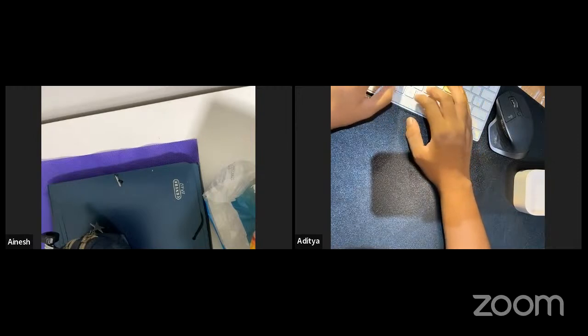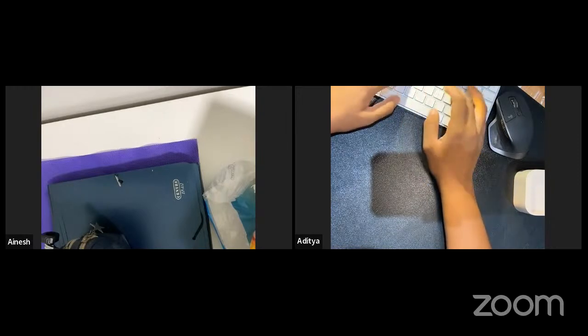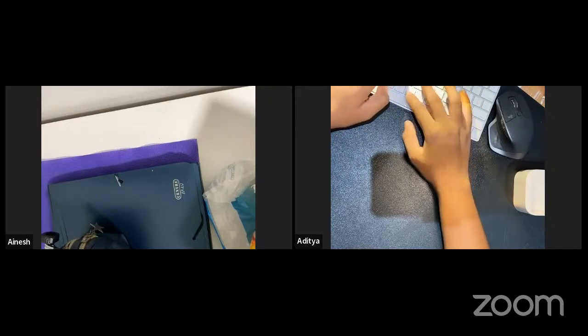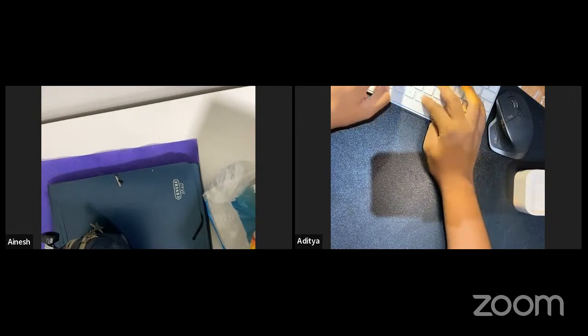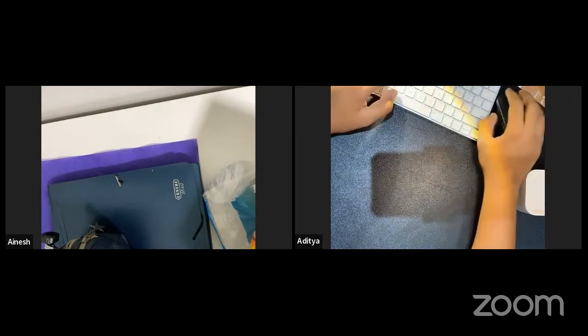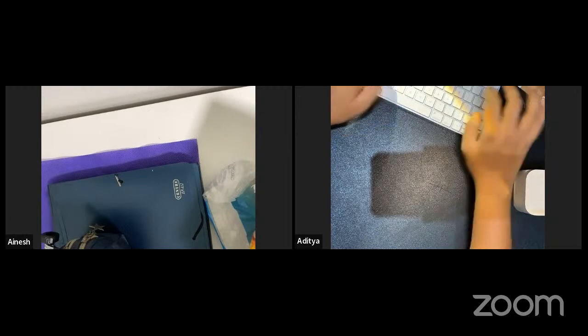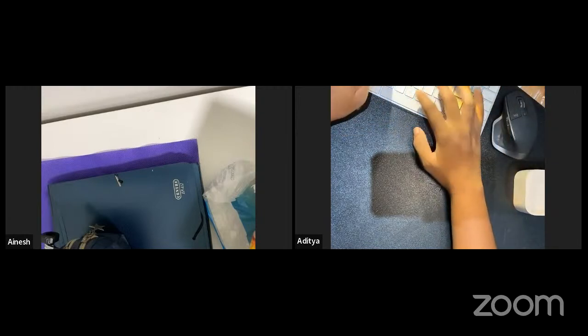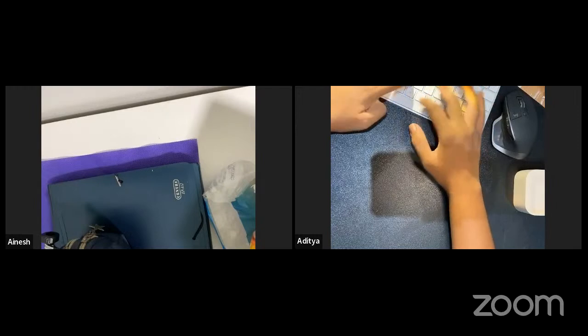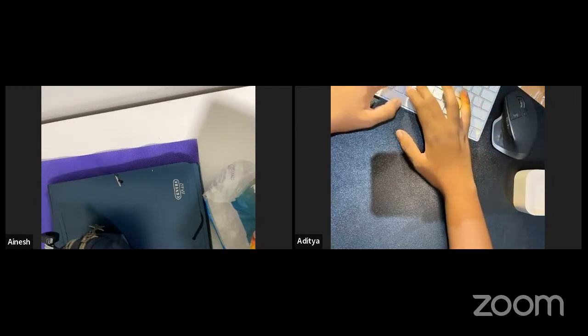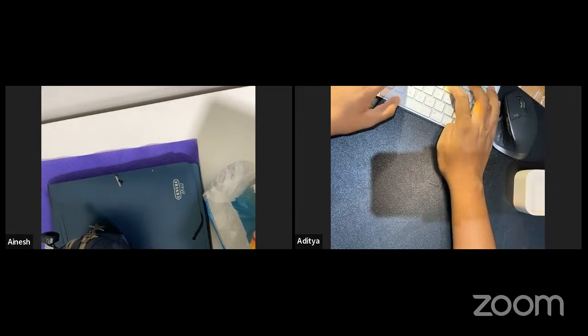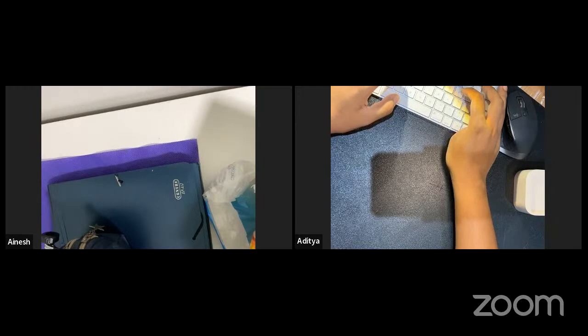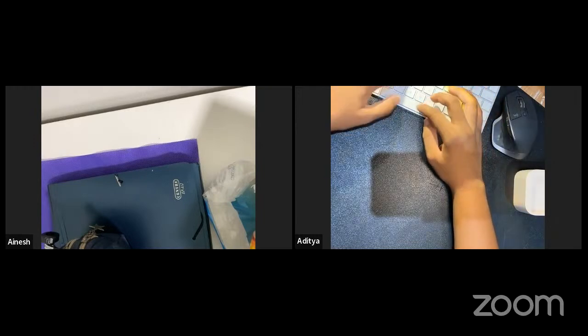It's important to get it correct, Ainesh. Right, let's take a look. Oh, wait, what? Cations are positive. Oh, damn. Okay. Yeah. Okay.